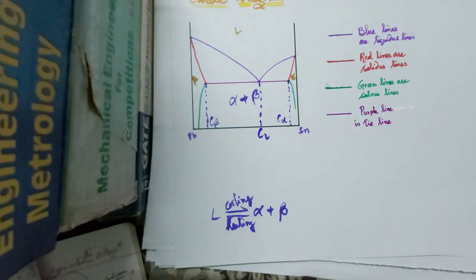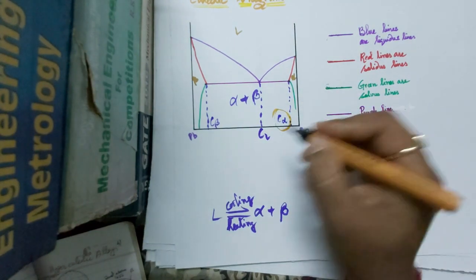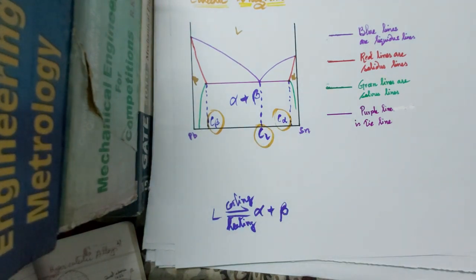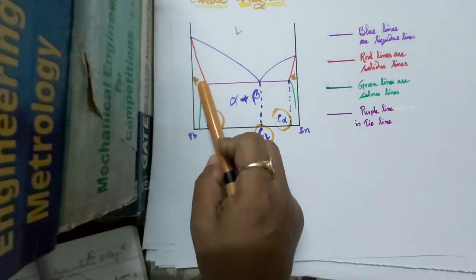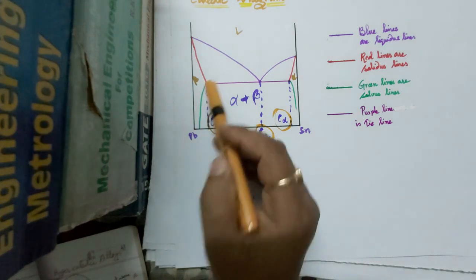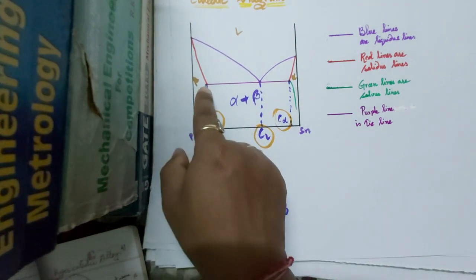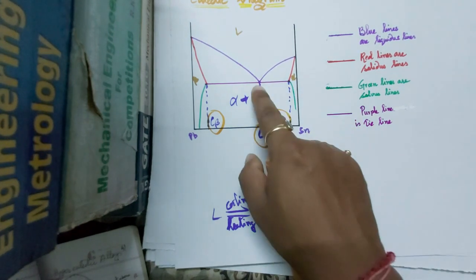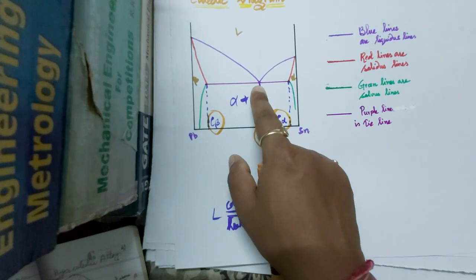So we have three different composition variables: C alpha, C beta, and C L. These three are in equilibrium along this tie line. Up to this point, beta phase is in equilibrium. Up to this point, alpha phase is in equilibrium. And up to this point, liquid phase is in equilibrium.